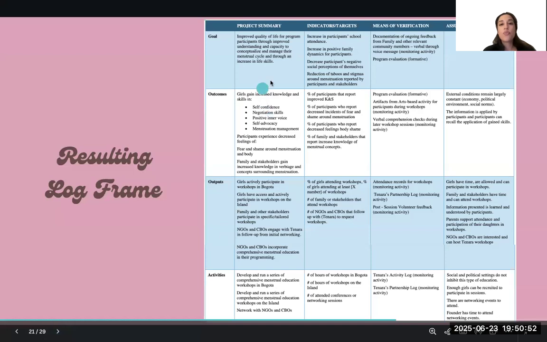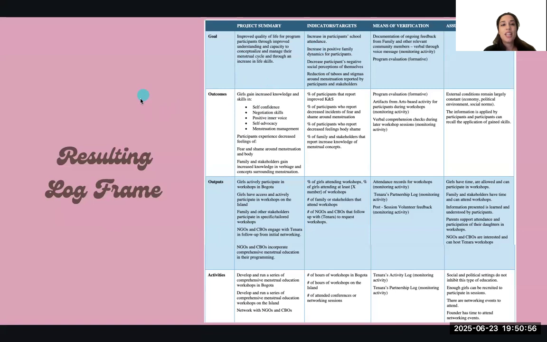Okay, so from my continuing project, I developed a log frame, which you can see here. It's a lot of words. No need to read all of it unless you want to pause this video. Just so you understand what a log frame is, I have underlined goal, outcome, outputs, and activities.